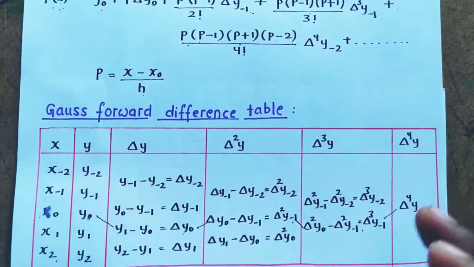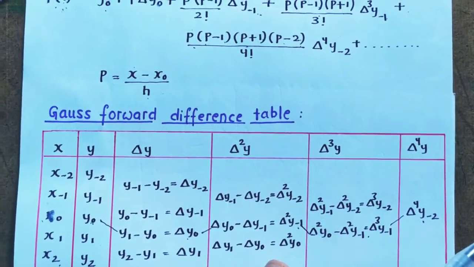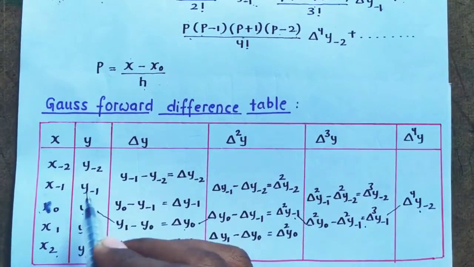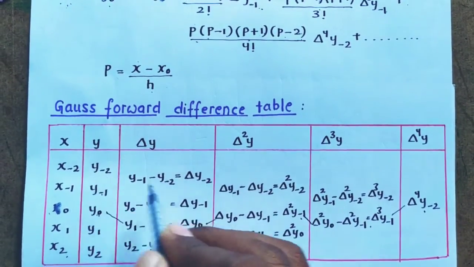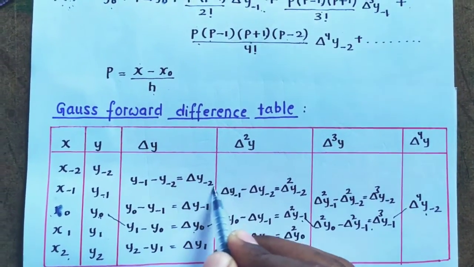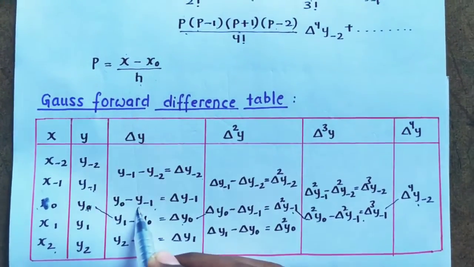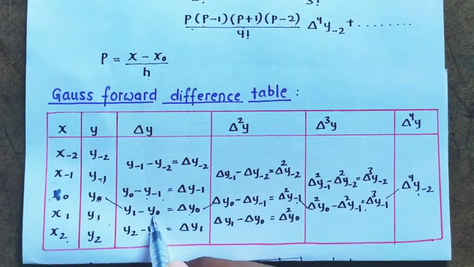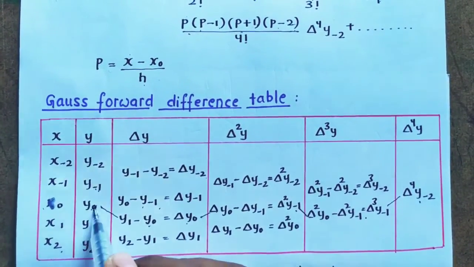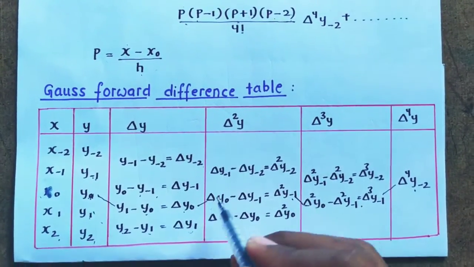Here this is the difference table. How to draw the Gauss forward difference table? Already we know the difference: y minus 1 minus y minus 2 gives the value delta y minus 2, and y naught minus y minus 1 gives delta y minus 1, and y1 minus y naught gives delta y naught, and y2 minus y1 gives delta y1.